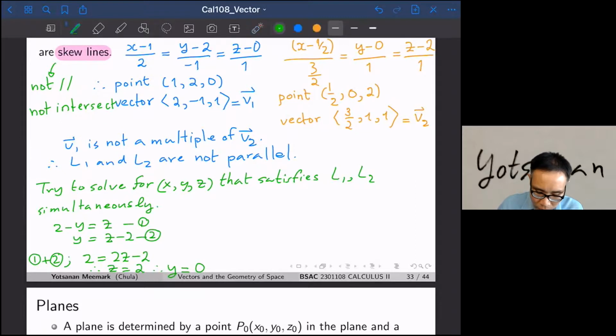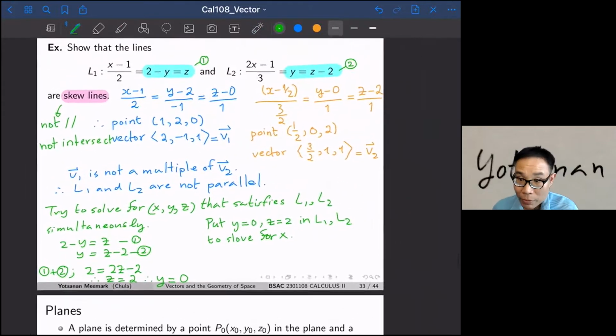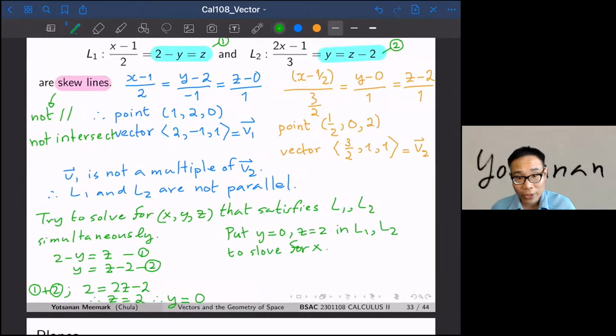Now we put y equal to 0, z equal to 2 into L1 and L2 to solve for x. We see whether the x values agree or not; you must have the same value of x.